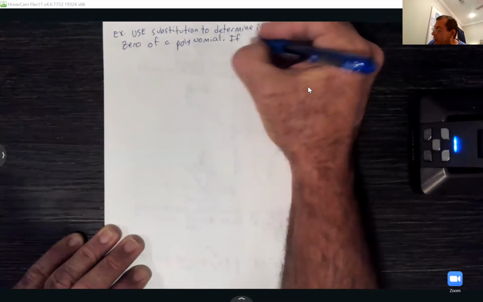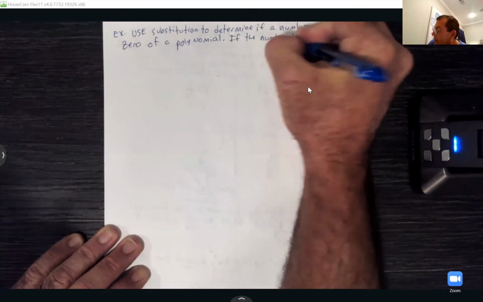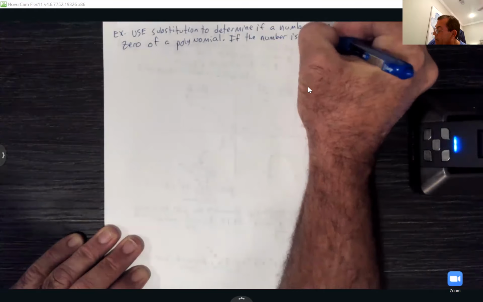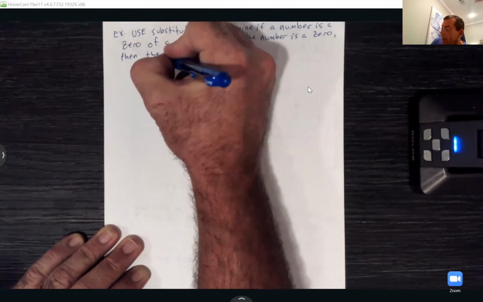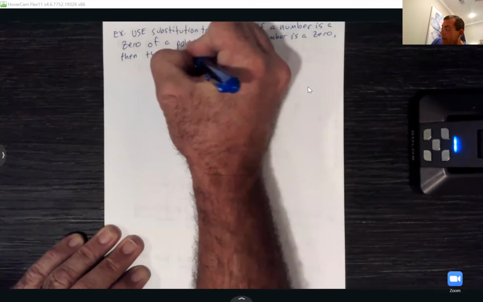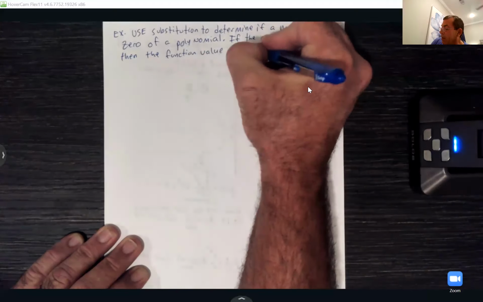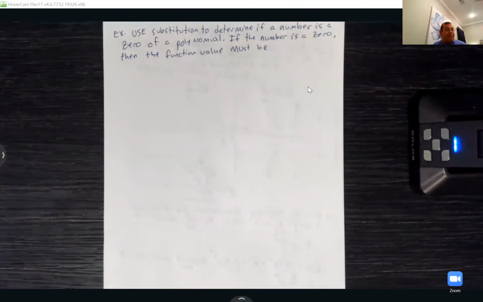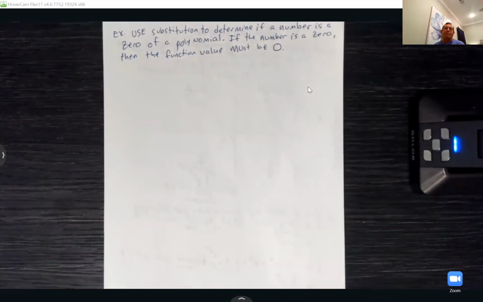If the number is a zero, then the function value must be 0. So here's the thing. If it's a zero, when I plug my number into that expression and I evaluate it, then that function value must be 0.